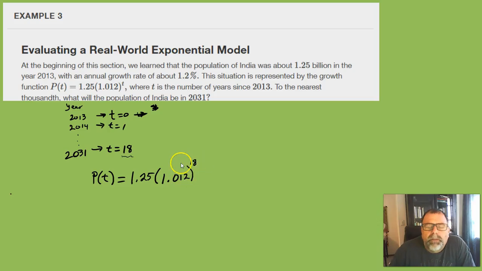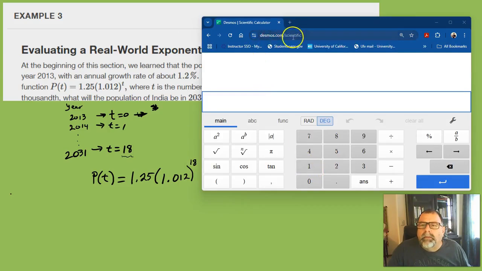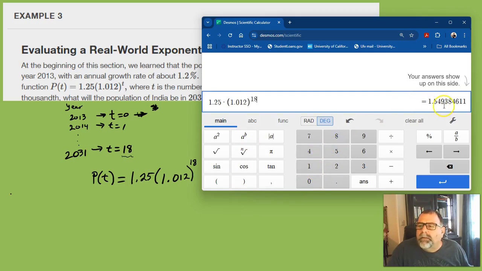So then we just get out our calculator. Okay, again, Desmos has just the calculator portion if you just want to use that without doing the graphing part. Times, now you can put the parentheses or not the parentheses for this one. You can use them or not use them, it's up to you. And then power, 18. And as simple as that.